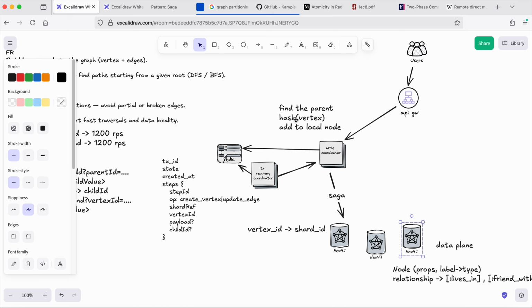So we know about the problems with the complexity.